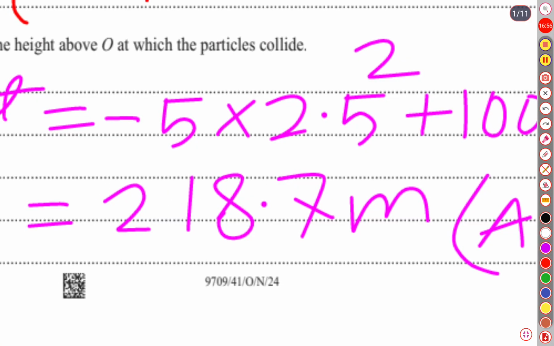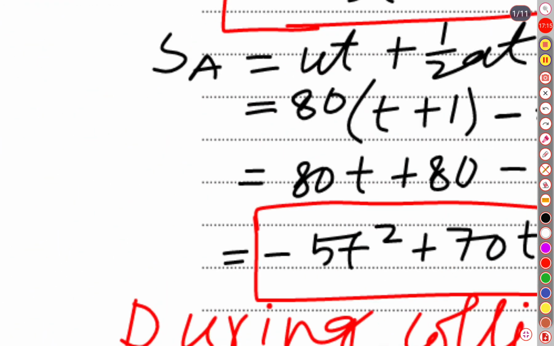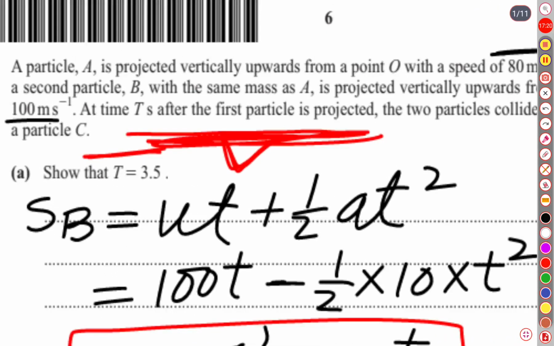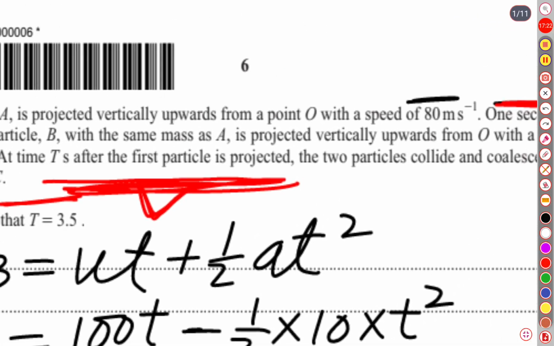There should be a 5 as well for a more appropriate result. Let us write 75 meters. But we don't know the final velocity. We know the initial velocity when they were projected, but we don't know the velocity just at the time of collision.